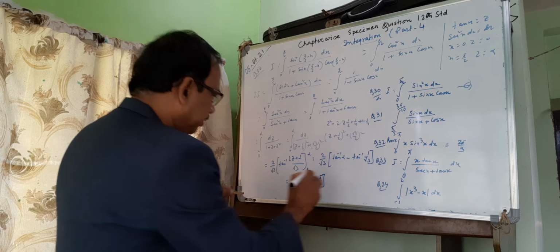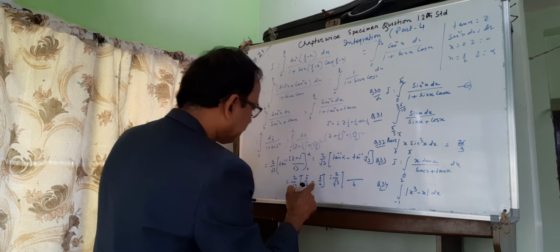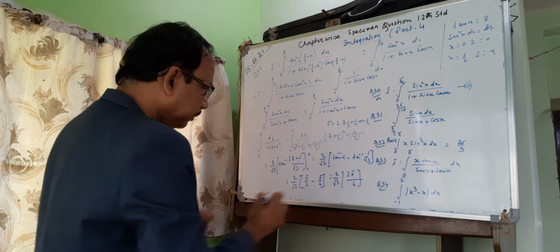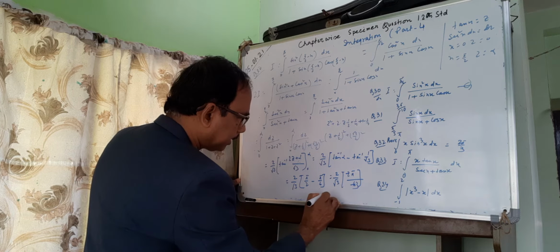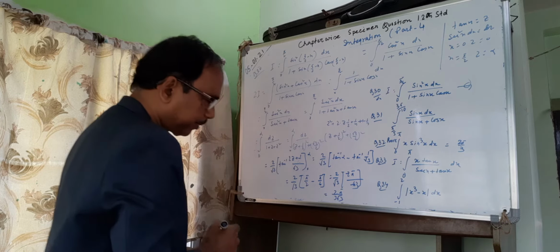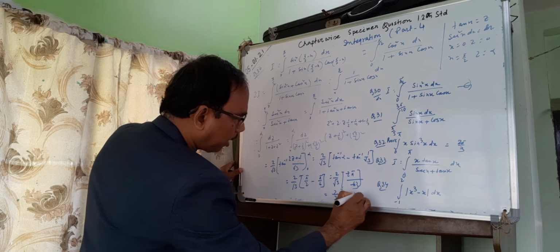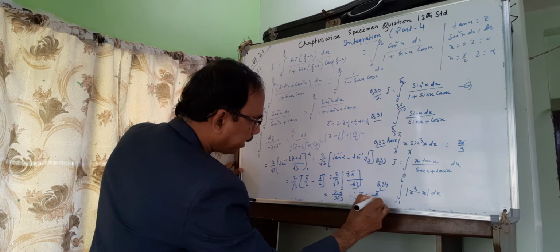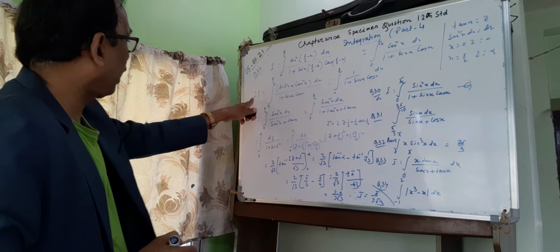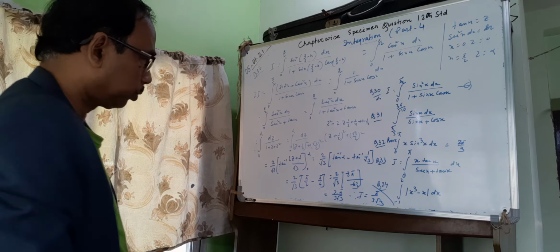Pi by 2 minus pi by 6, that is 2 by root 3, LCM is 6, 3 pi minus pi, that is 2 pi by 6, that is pi by 3, so 2 pi by 3 root 3 is your final answer. 2I is this. Therefore, I equals pi by 3 root 3.